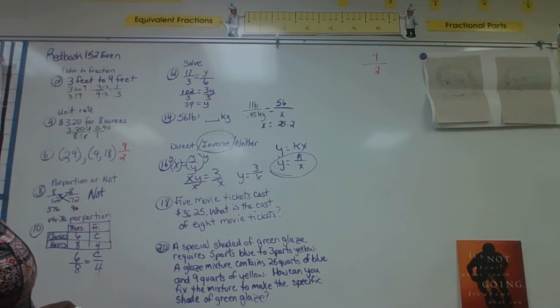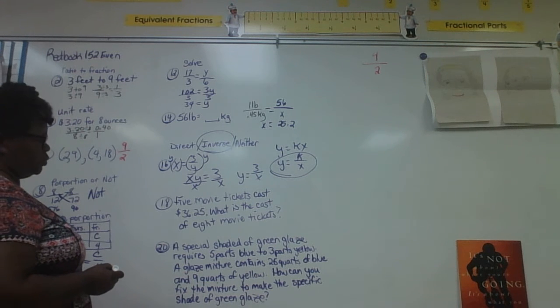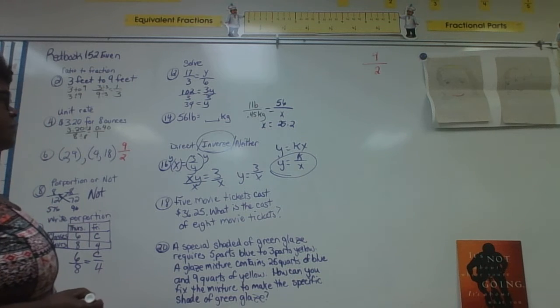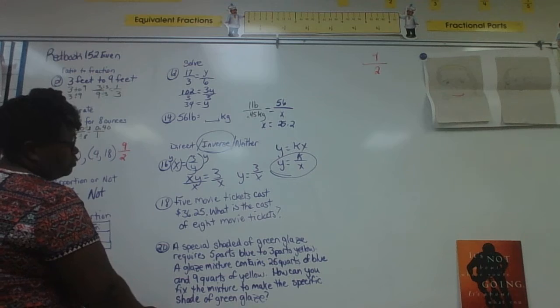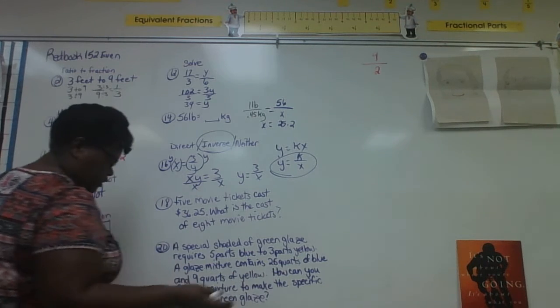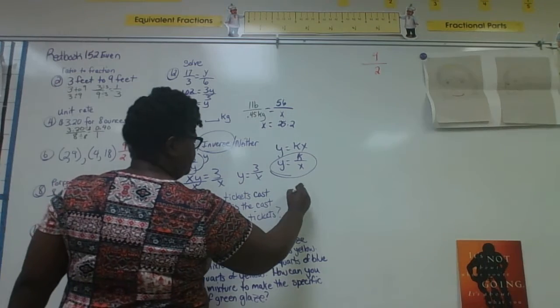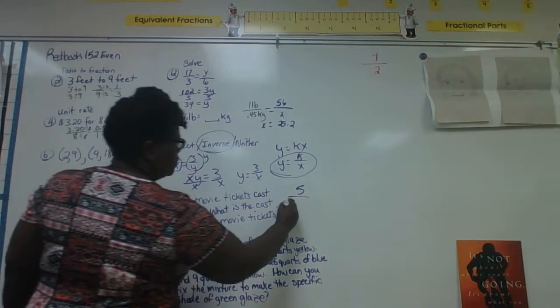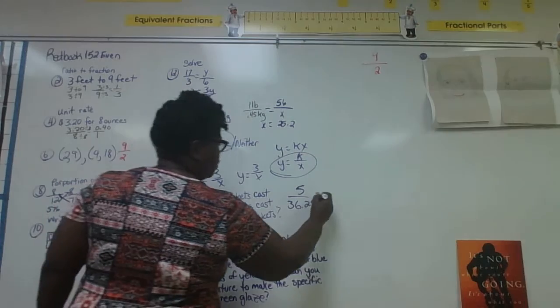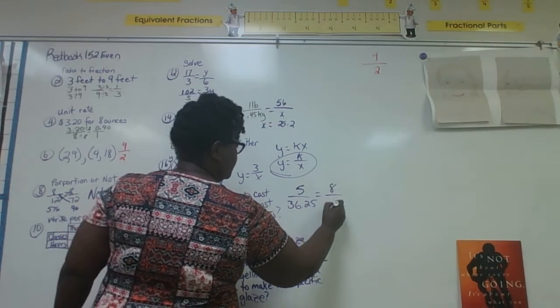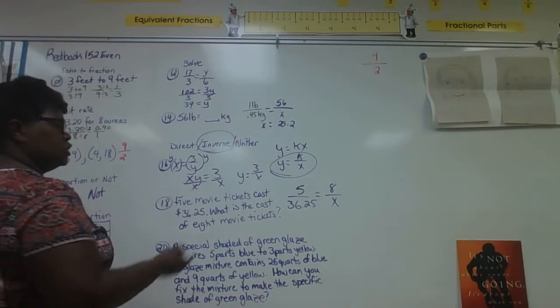Okay? Now, let's take a look at number 18. 5 movie tickets cost $36.25. What is the cost of 8 movie tickets? Well, they've established our rate, or our ratio. We know that 5 is equivalent to $36.25. Question is, what is 8 movie tickets? We don't know. So let's cross multiply.